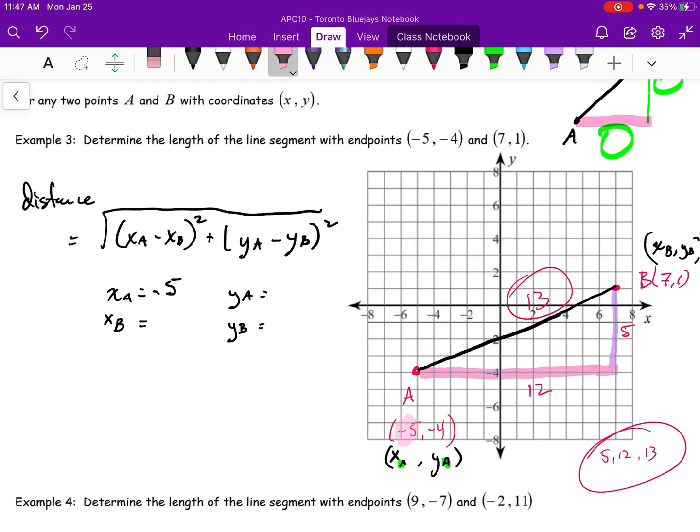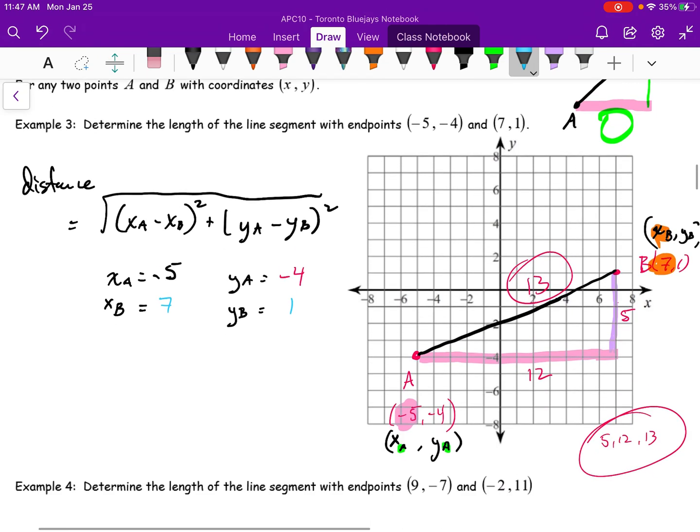Since I'm talking about A, my ya is -4. Let's move on to xb, the x-coordinate of B, which is 7. Now my yb is the y-coordinate of point B, which is 1.